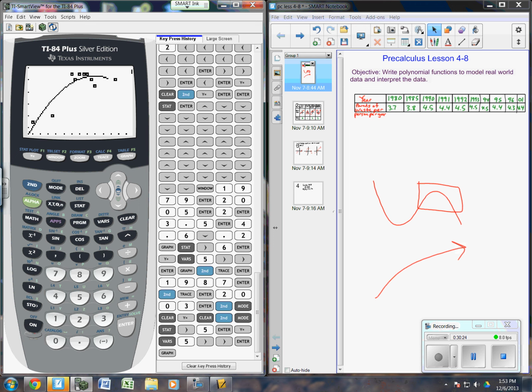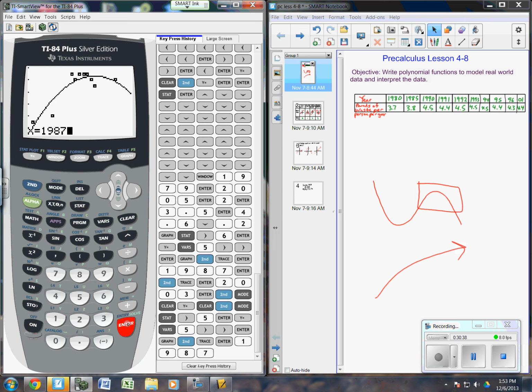Let's do the same 2 predictions we just did. Let's predict 1987, you guys. So go to your calculate menu, go to value. And let's go 1987. 4.19. What did we get before when we did this? 4.15?